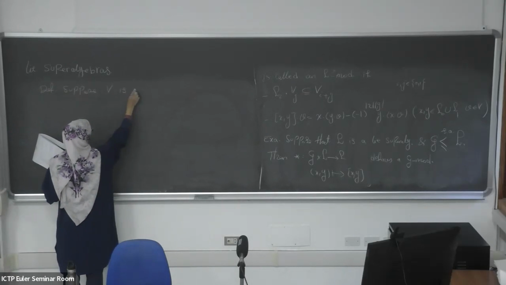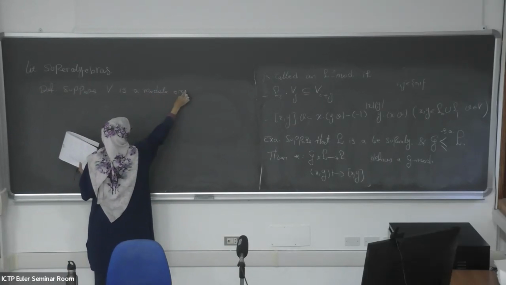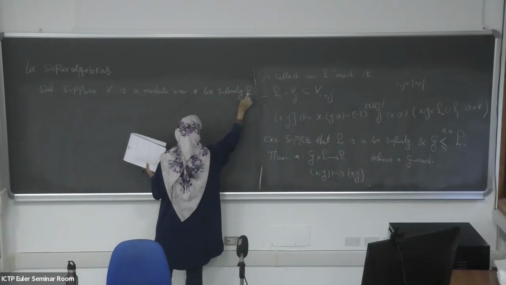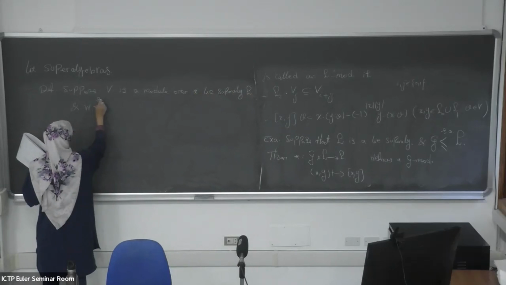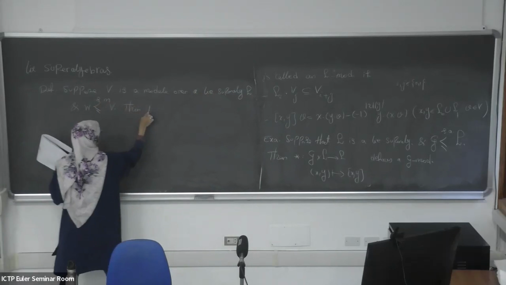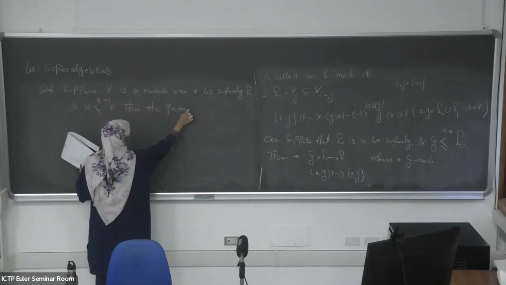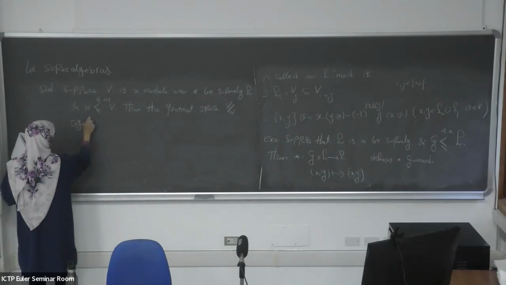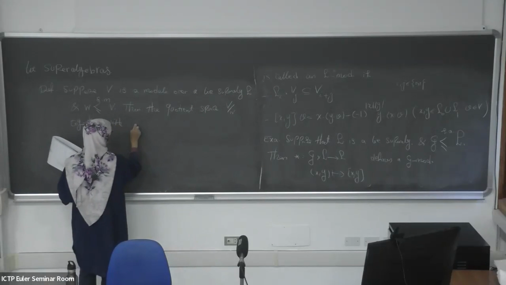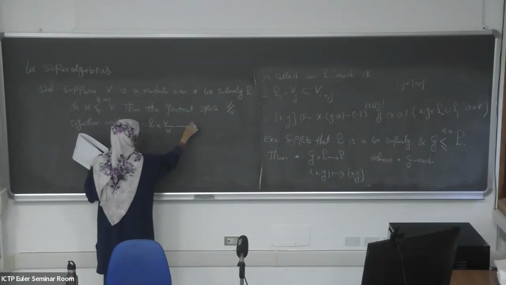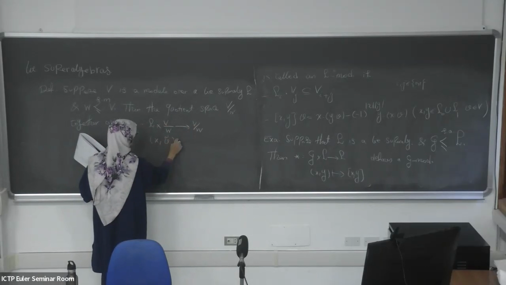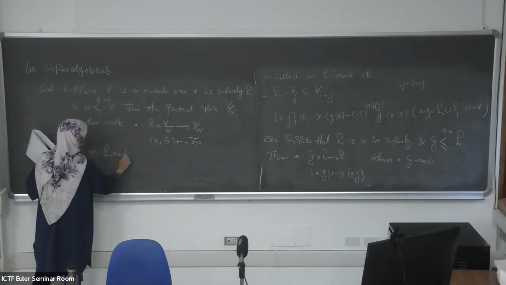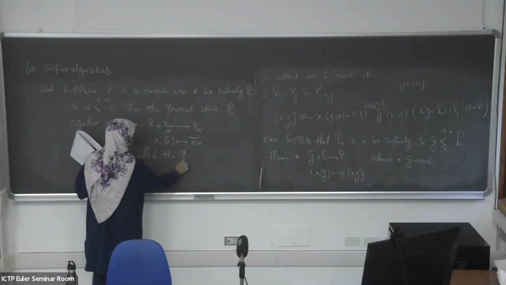Suppose V is a module over a Lie superalgebra L, and W is a submodule of V. Then the quotient space V over W, together with the action mapping x, ṽ to the class of xv, is an L-module, the quotient module.